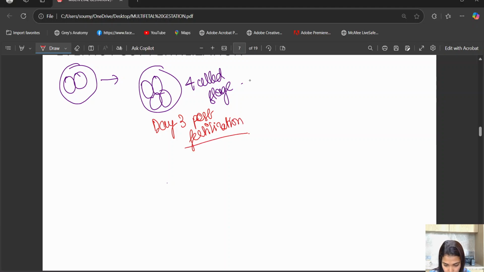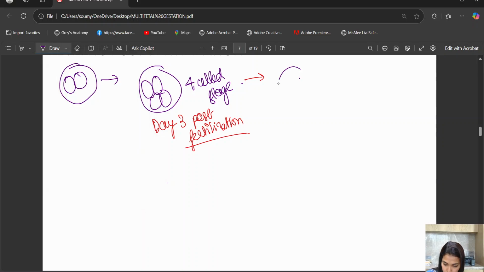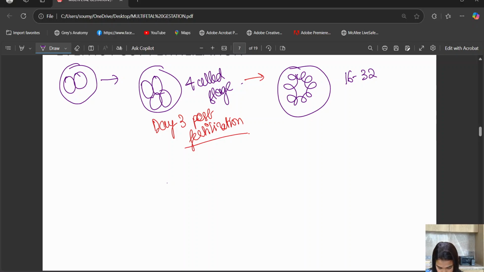Okay. Now from here, what is going to happen? A morula will form. Now what is a morula? Morula is a cell stage of 16 to 32 blastomeres.